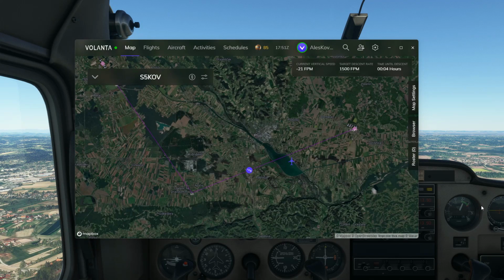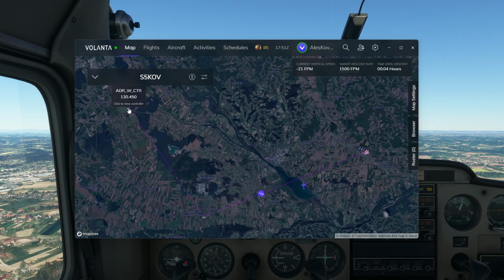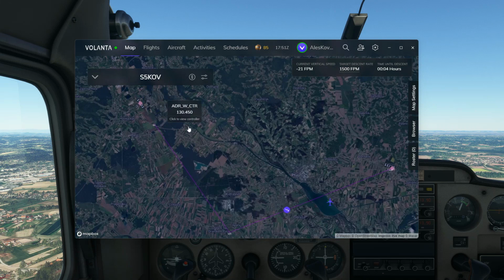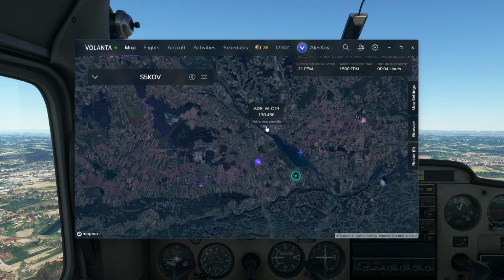So here we are in the airplane above the field. It says we started from Ptuj airport, but we actually just started here, and we will turn to Mike Romeo NDB, and then to Mike India NDB, and then try to land at Maribor airport.